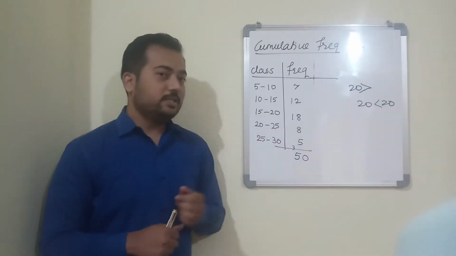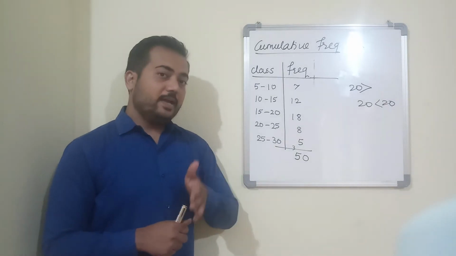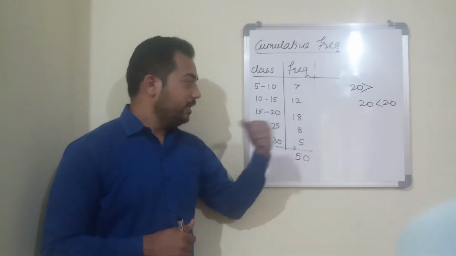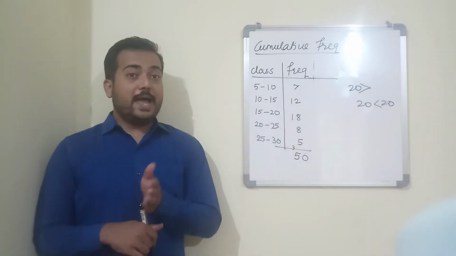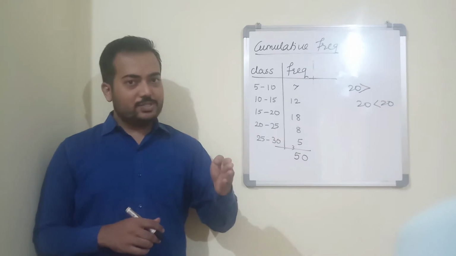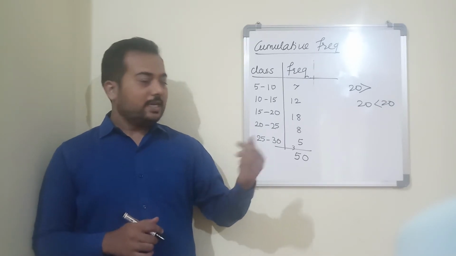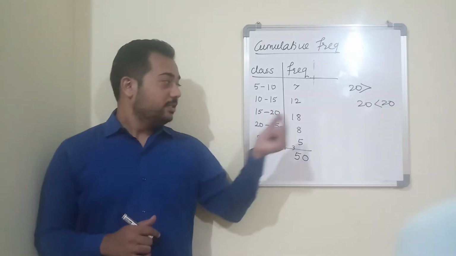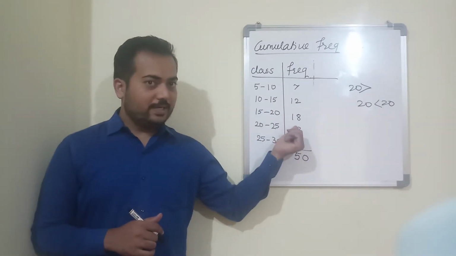So 12 values are between 10 and 15, actually 10, 11, 12, 13, 14. Similarly 18 values are between 15 and 20, actually 15, 16, 17, 18, 19. 20 is not considered. So all these 18 values are less than 20.